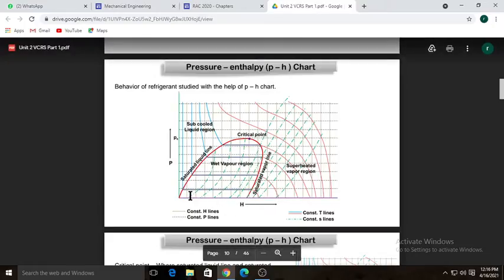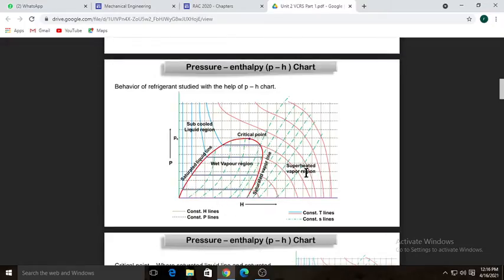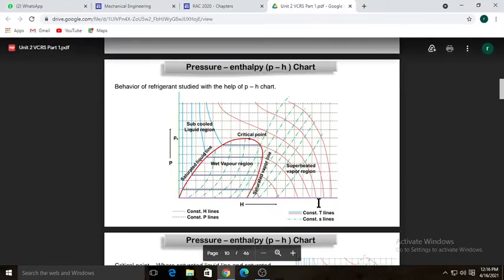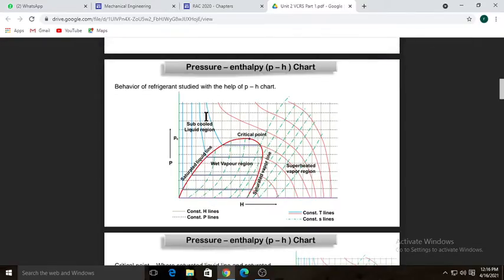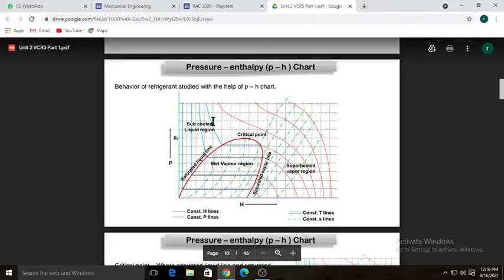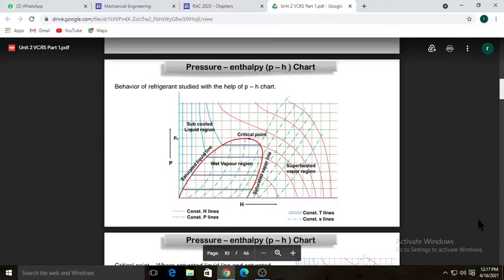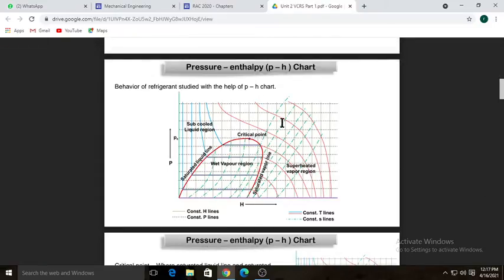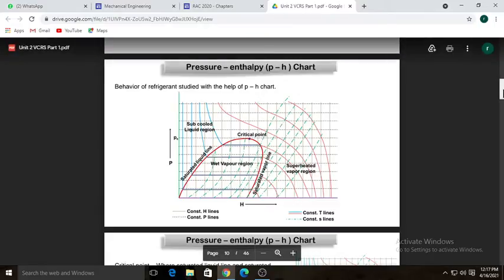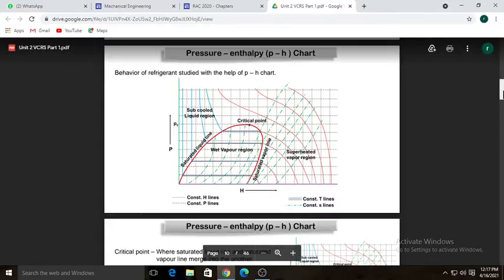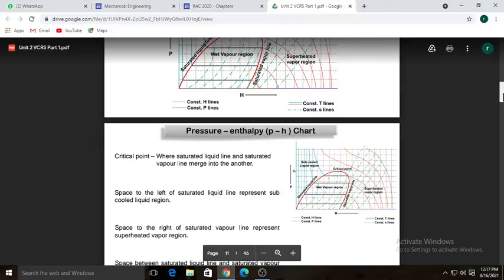As we add heat to the medium, enthalpy increases. These red and blue lines are the constant temperature lines. We will study this in brief when we solve the numerical on this pH diagram.